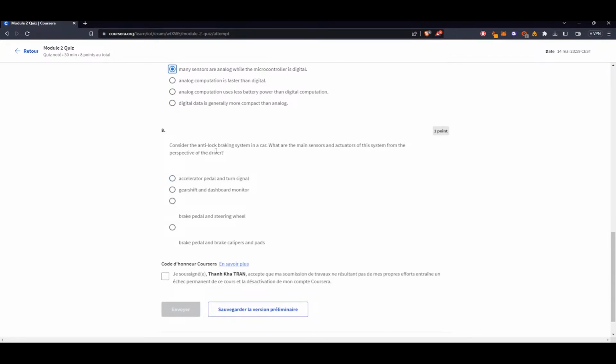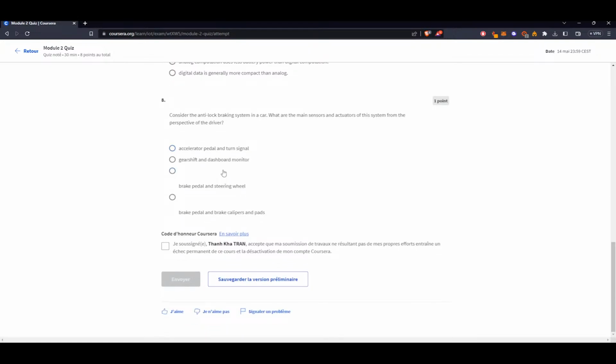Consider the anti-lock braking system in a car. What are the main sensors and actuators of this system? From the perspective of the driver: turn signal, brake pedal, steering wheel. Brake pedal, actuator. The anti-lock braking system: brake pedal, brake caliper and pump.